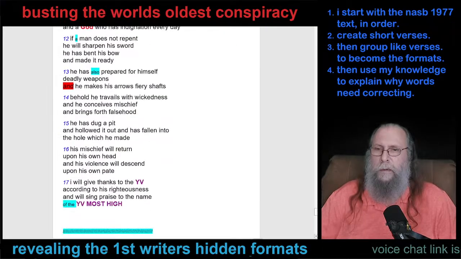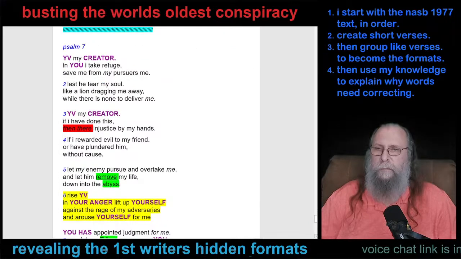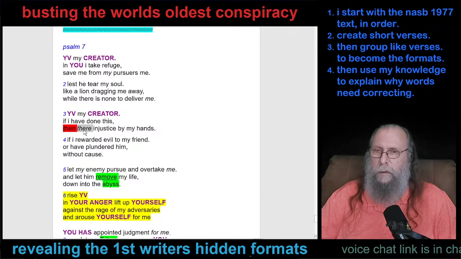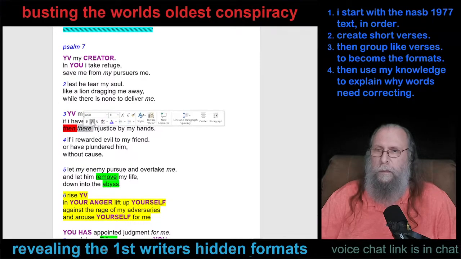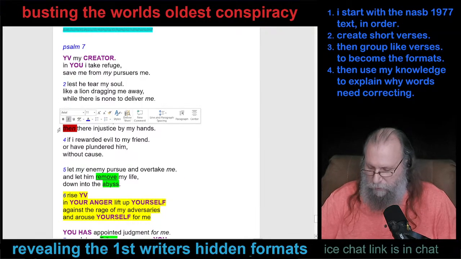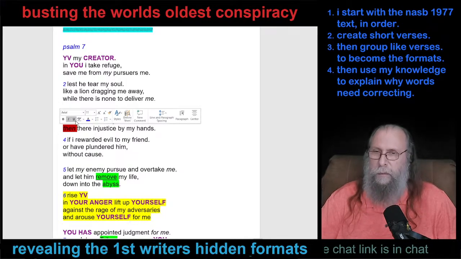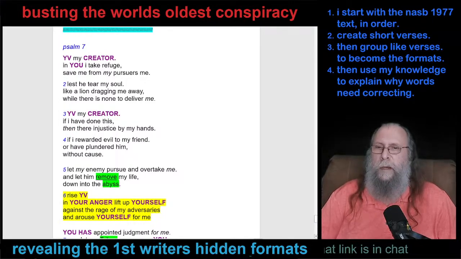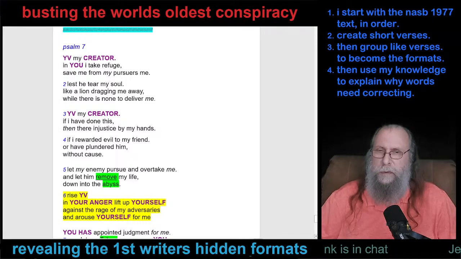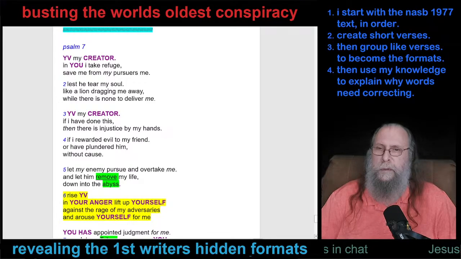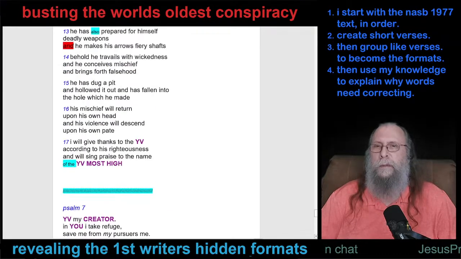Now let me go down here. This is upright. And this I said I edited up there before. So now it reads, if I have done this, then there, I guess I need the word is here, is injustice by my hands.